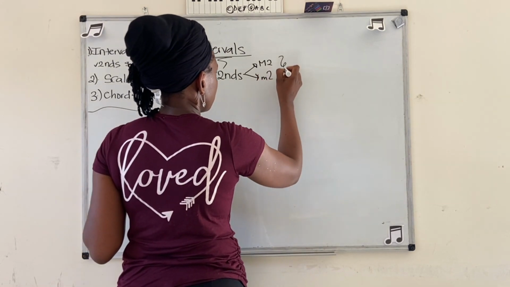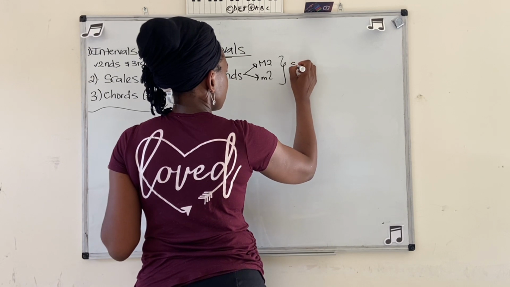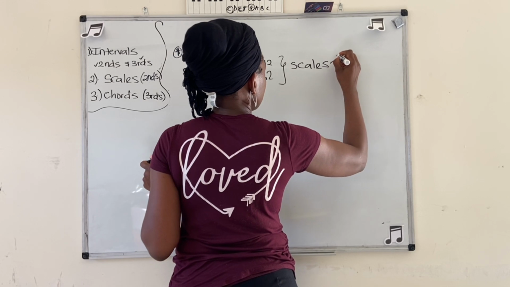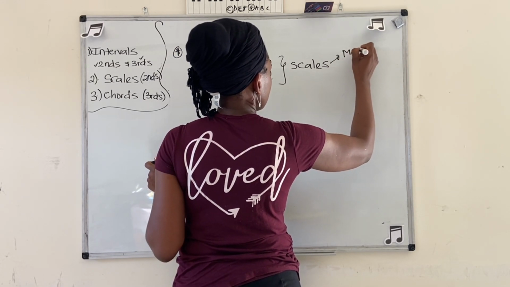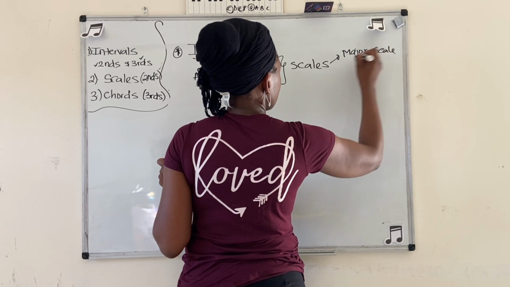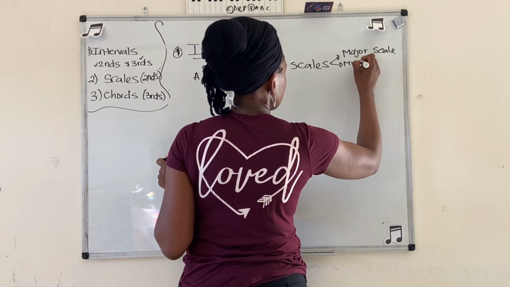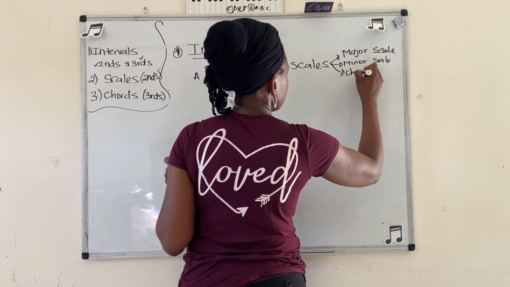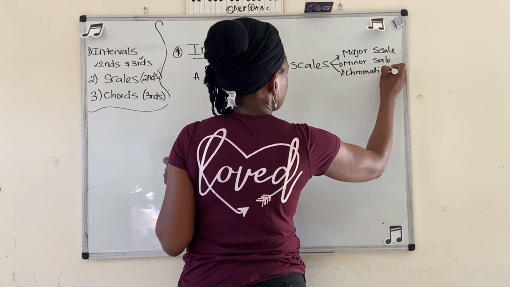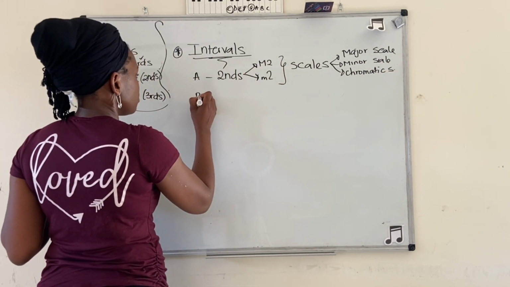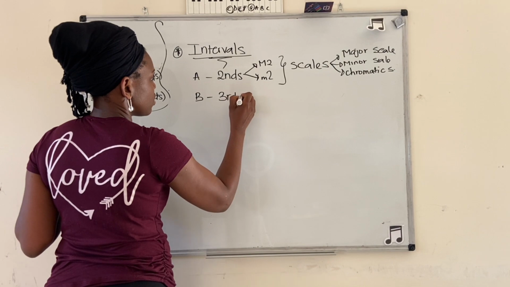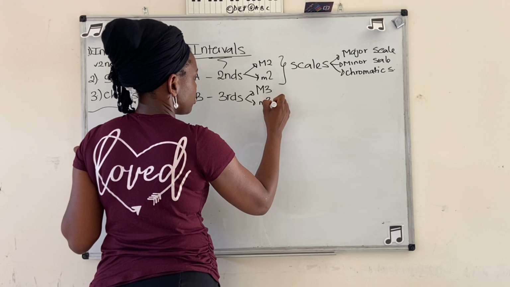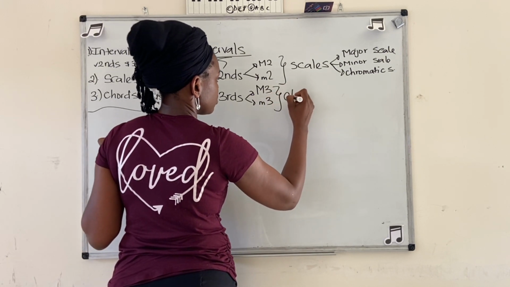And these two I use to form scales, which could be a major scale, which we talked about today, a minor scale, and a chromatic scale. And secondly, we talked about thirds, which could be a major third or minor third. And these two I used to build chords.